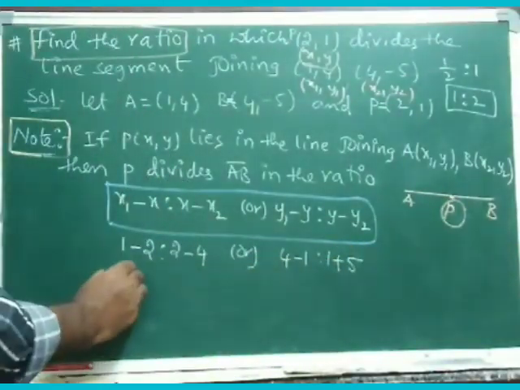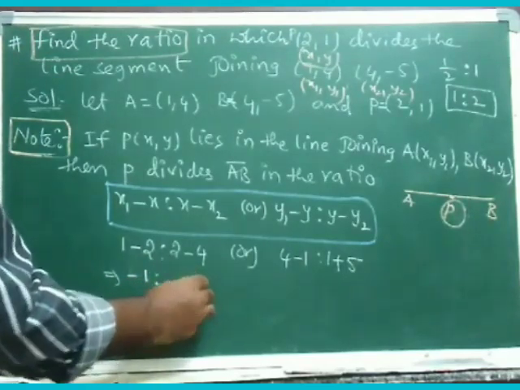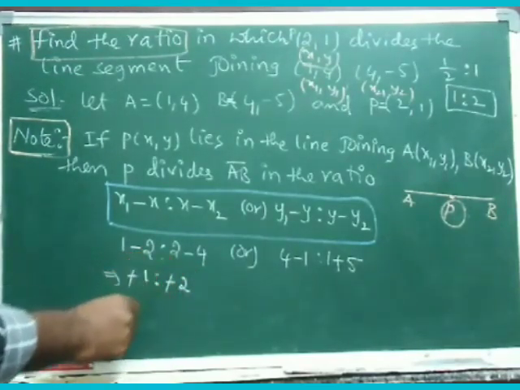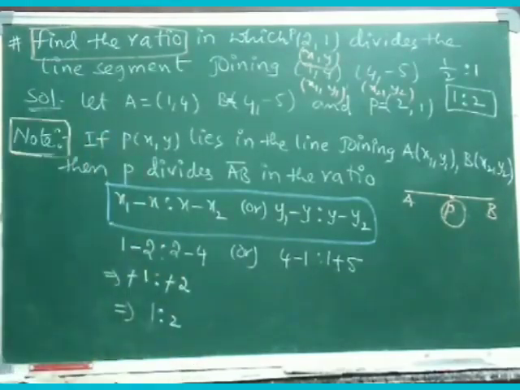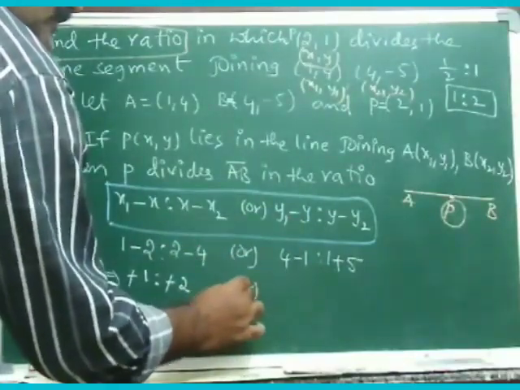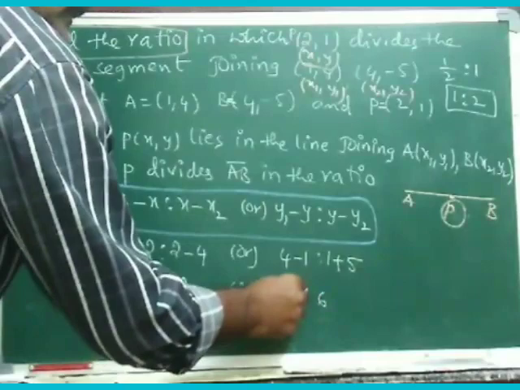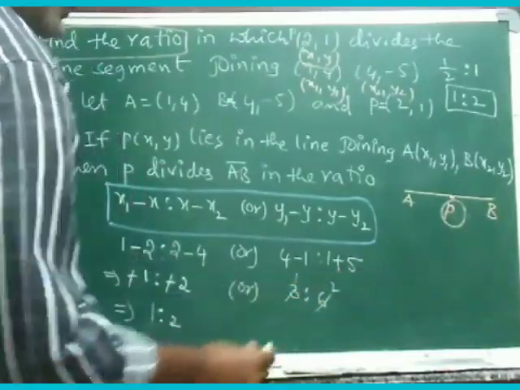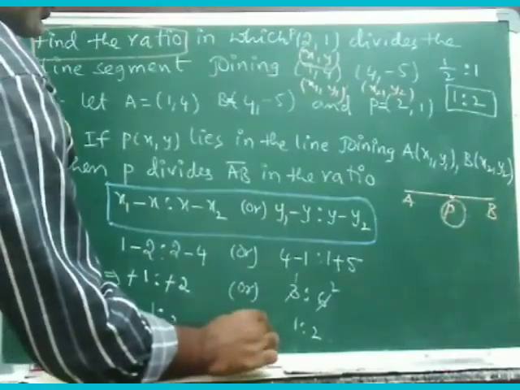Now listen, this is nothing but -1 is to 2 -2. So both sides minus you can cancel, and which is 1 is to 2. What is the answer? Same as the earlier one. Suppose you see this, even if you see 3 is to 6, then 3 here 1 time and 3 here 2 times. Hence here also we are going to get 1 is to 2.